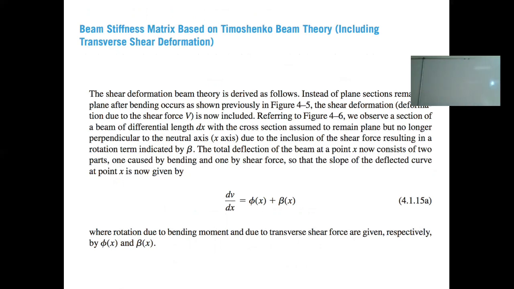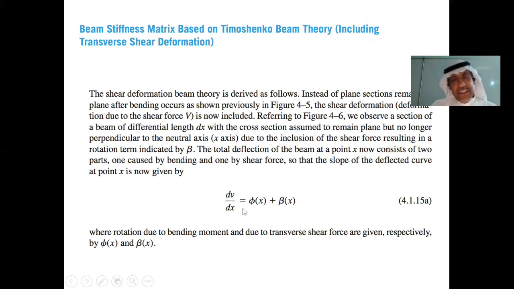But sometimes when you have a deep beam, what are you going to have? Shear. And you have to consider shear. It means that the slope is contributed by two parts. Phi is due to bending, and the other one, beta, is due to shear, which means like gamma. So you have to repeat the whole thing again.